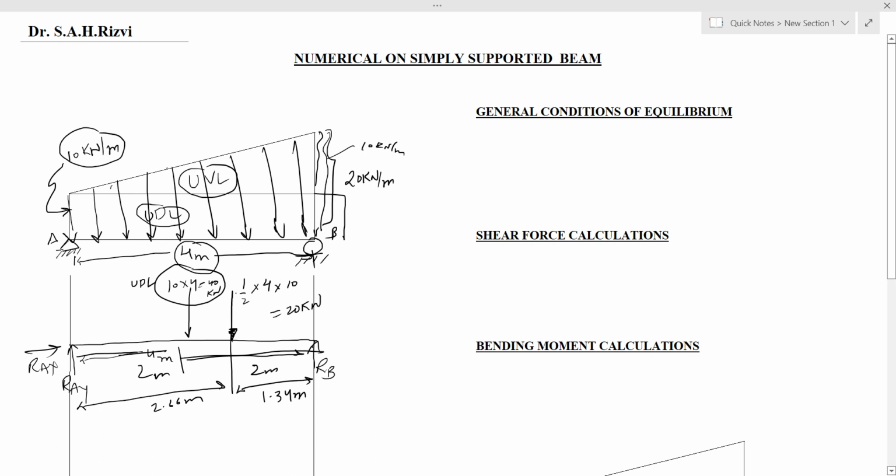The total load of UVL is 20 kilonewton and total load of UDL is 40 kilonewton.